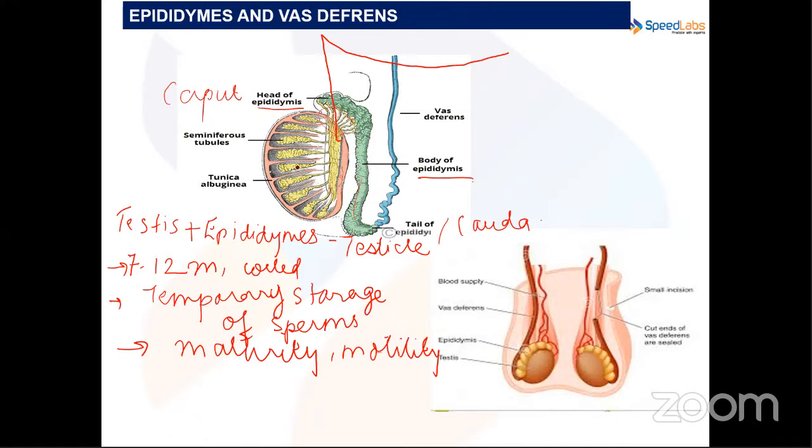But see, sperm production is a continuous process. All the time ejaculation is not taking place. So what is happening to the sperms? This epididymis also acts like a recycling unit. The phagocytic cells present in the epididymis digest the sperms. Otherwise, there would always be an overflow. So this is also a function of the epididymis: it acts like a recycling unit.